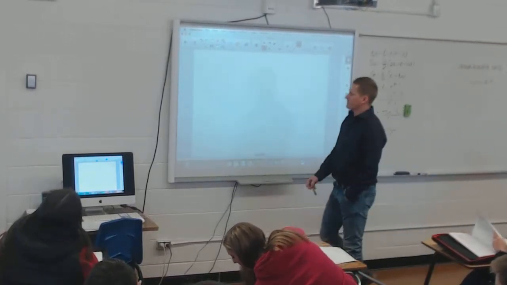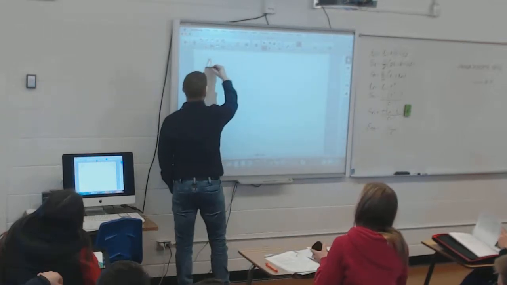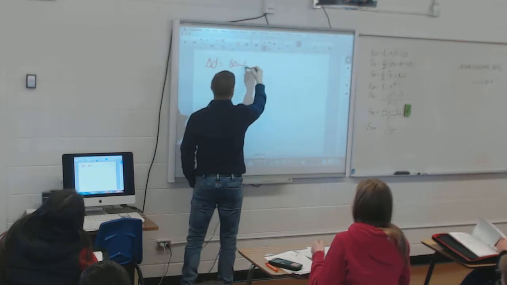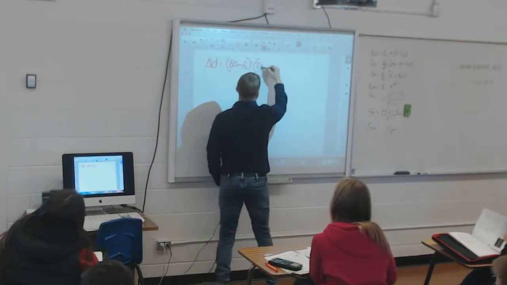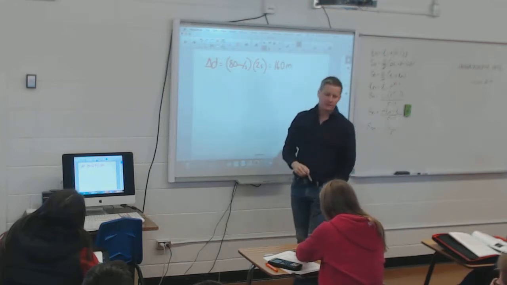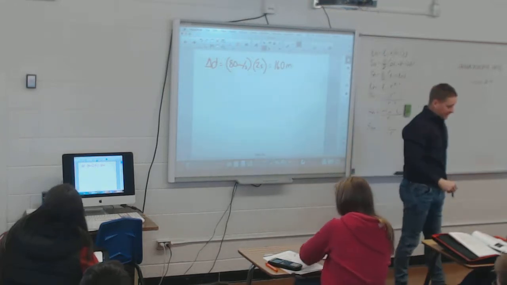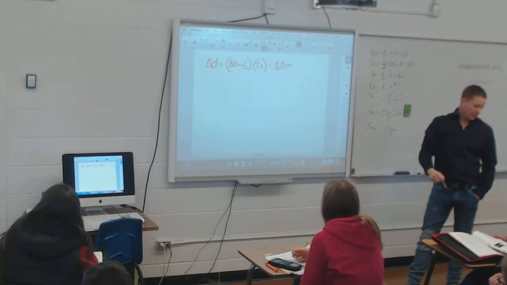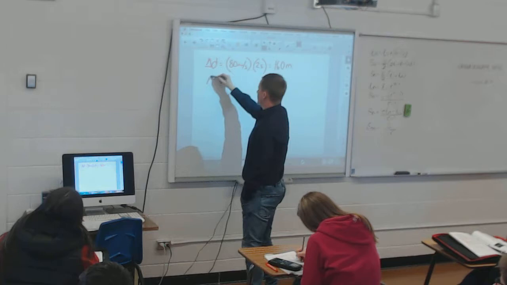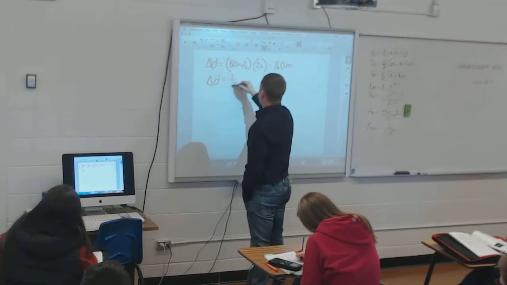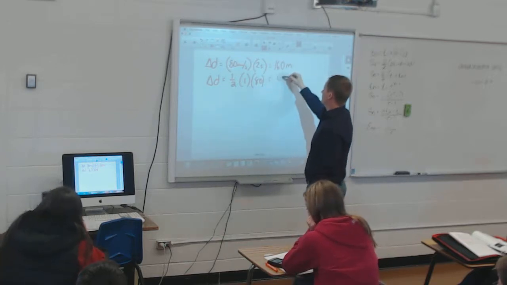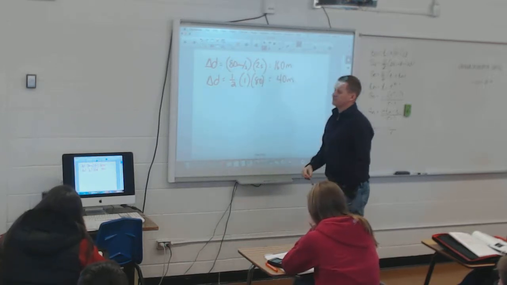You're going 80 meters per second for 2 seconds. So your displacement in the first 2 seconds is 160 meters. And that's still in the positive. In the next second, you go from 80 to 0. So you've got a displacement of 1/2 times 1 times 80, which is equal to 40 meters.